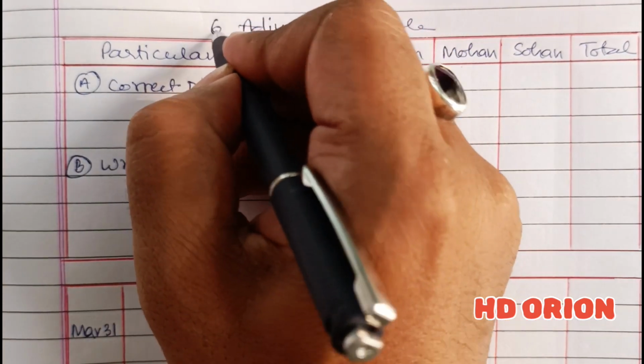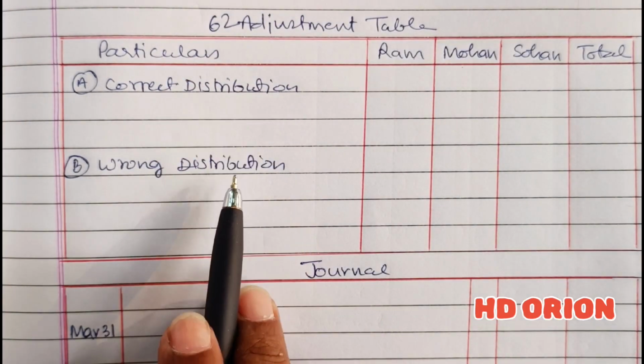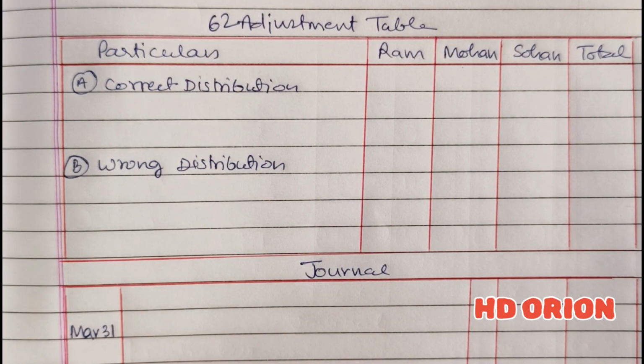So solution 62 we will see. Correct distribution and wrong distribution comparison we have to show in the adjustment table. So what is the correct distribution? As per correct distribution, 5% per annum interest was to be given to the partners as interest on capital, but by mistake 6% is allowed to them.